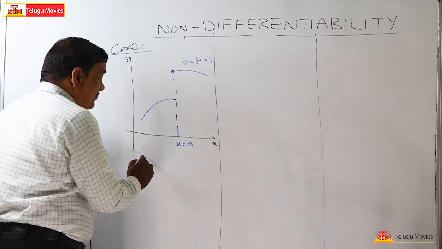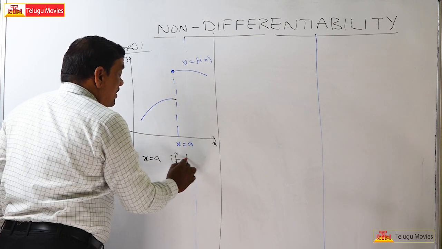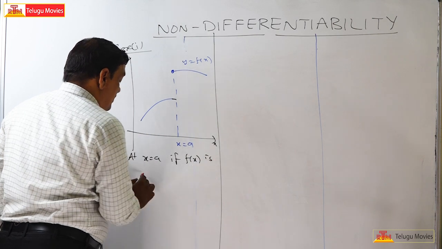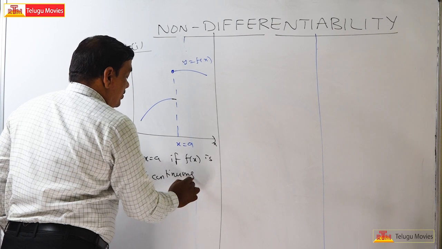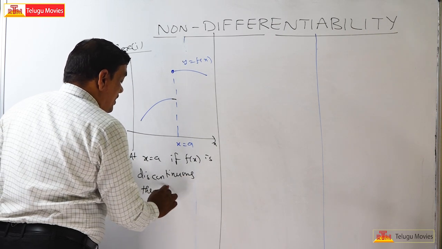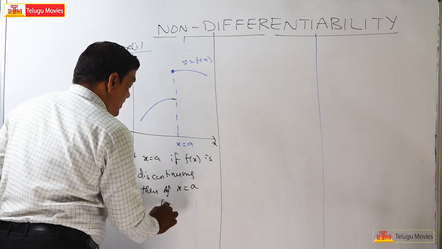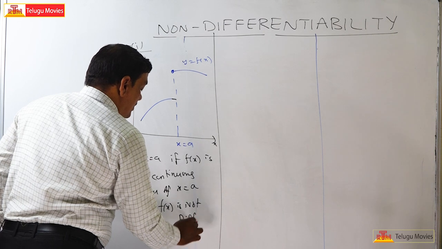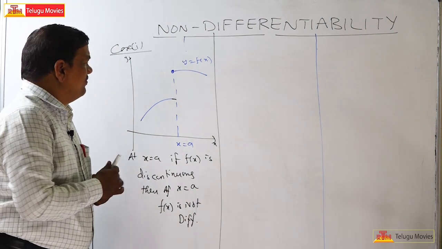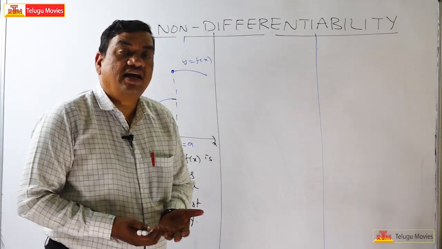That means if at x is equal to a, f of x is discontinuous, then at x is equal to a, f of x is not differentiable. If there is any breakage, then how can you draw a tangent at that point?